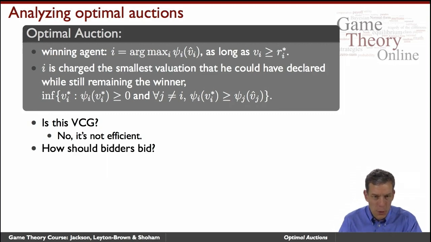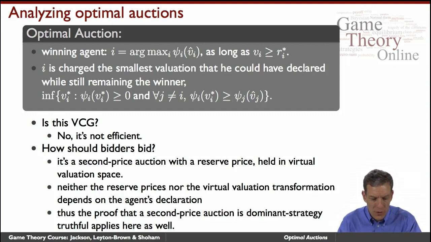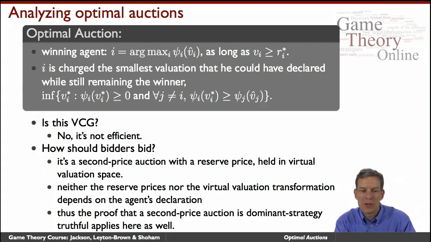And how should bidders really bid in this? So the good news is that we still have a second price auction kind of format held in this virtual valuation space. So the transformations mean that it looks slightly different in terms of what the payments are going to be and when somebody ends up winning something, but the proof that second price auction is dominant strategy, incentive compatible or truthful, still works out here.